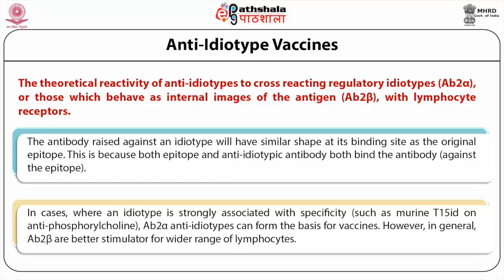However, in general, AB2 beta is a better stimulator for a wider range of lymphocytes. Vaccines designed on this principle have shown good results with animals. For example, both AB2 alpha and AB2 beta anti-idiotypes have shown good results for vaccination against hepatitis B in chimpanzees.